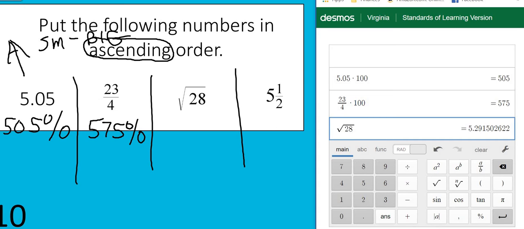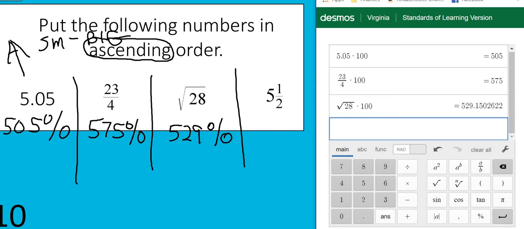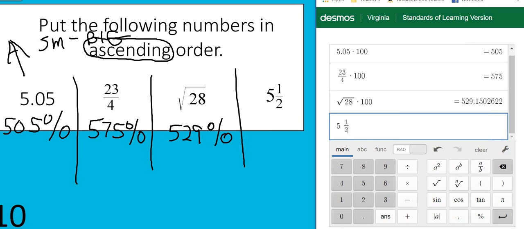I'm going to use my right arrow, move over, times 100. This one gives me 529%. And then finally the last one is 5.5. So it's 5, then you hit your space bar, 1 divided by 2. Move it over with your right arrow, times 100 gives you 550%.